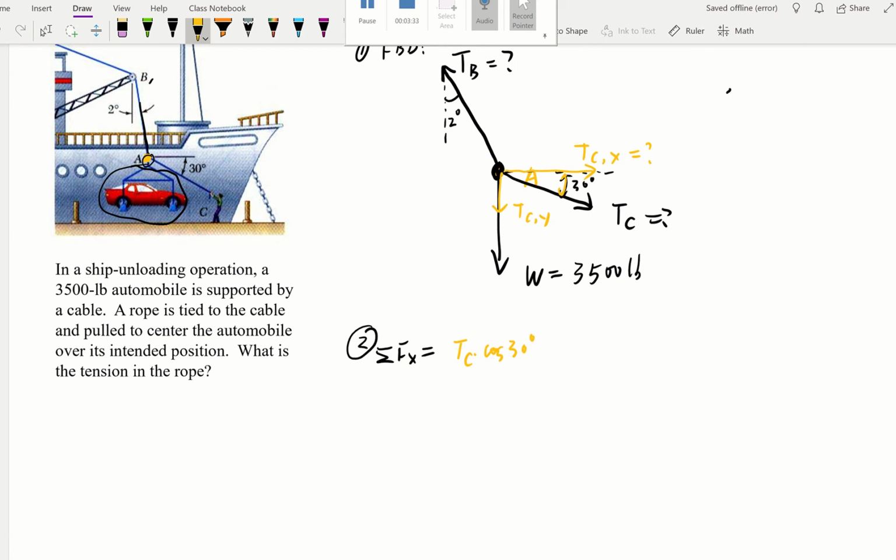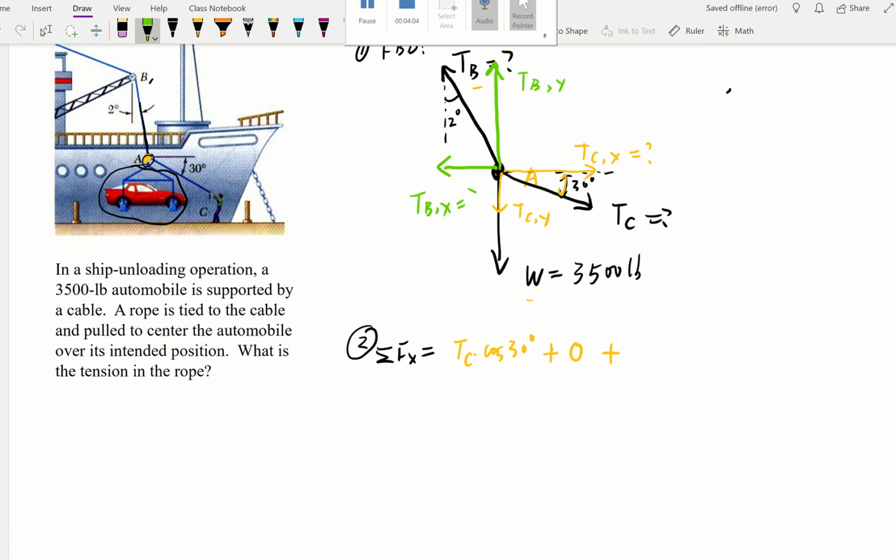Then the next force we're going to look at is the weight. The weight is going downward, so there's no x component. That would be plus 0. Then the third force is TB. Again, we're going to decompose TB. I'm going to use green color. That's going to be our y component, and that's going to be our x component. So that's our TBx, and this is our TBy.